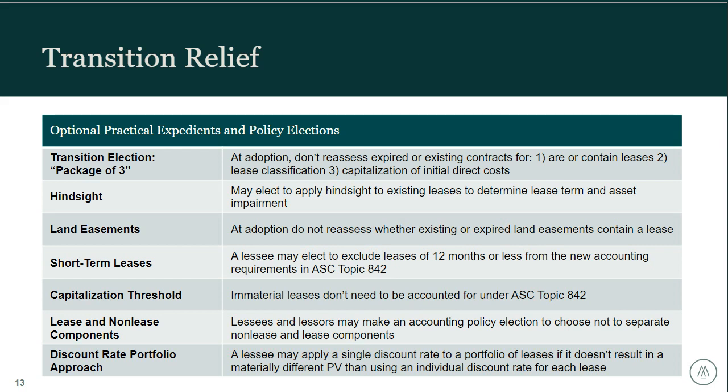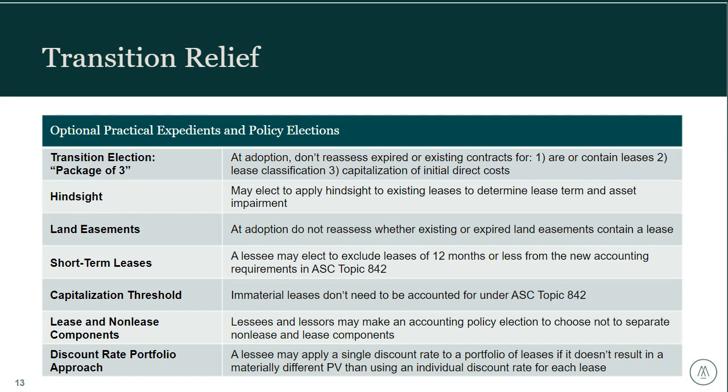The short-term lease policy: a lessee may elect to exclude leases that have a term of 12 months or less from the commencement date. So that commencement date is not the date of adoption. That is the date that the asset is made available for use by the lessor.